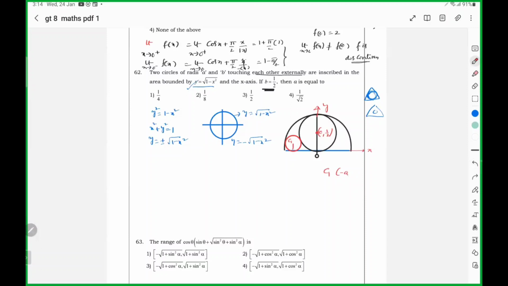We don't know x. What we know is the y coordinate. What is x?